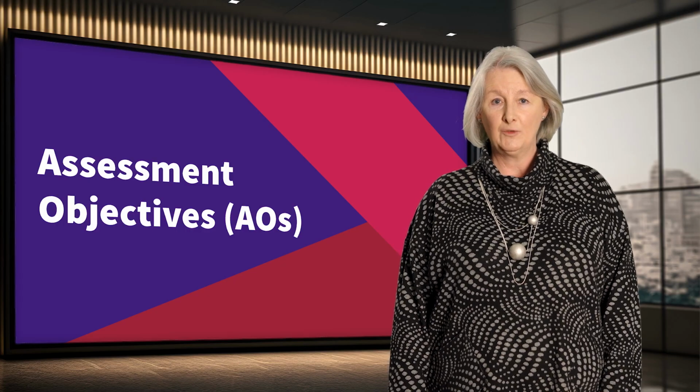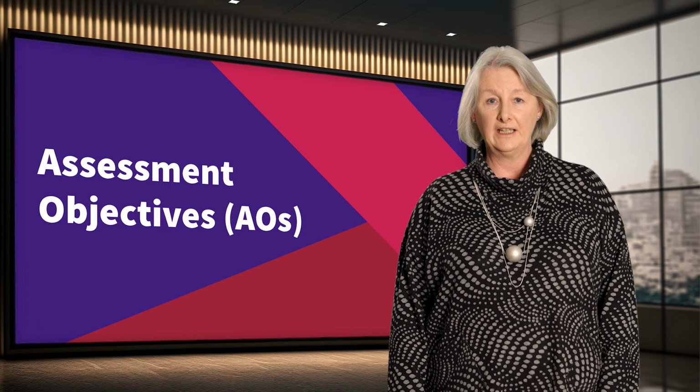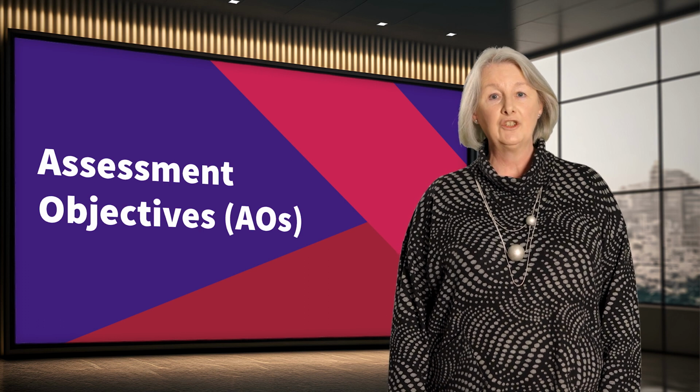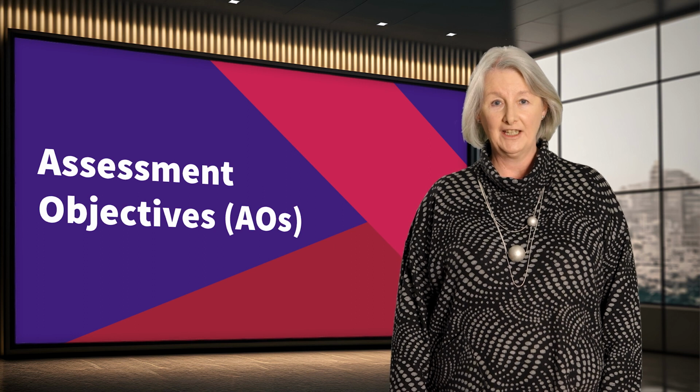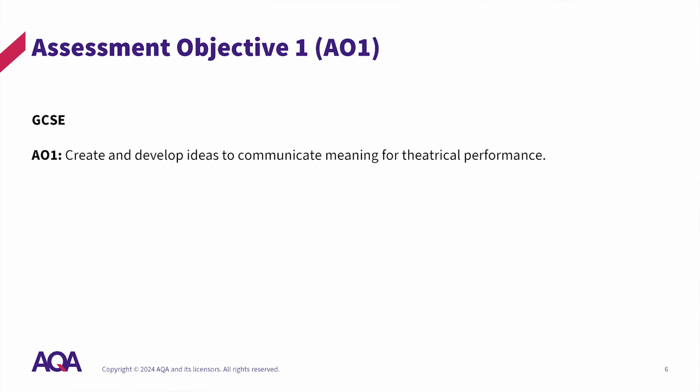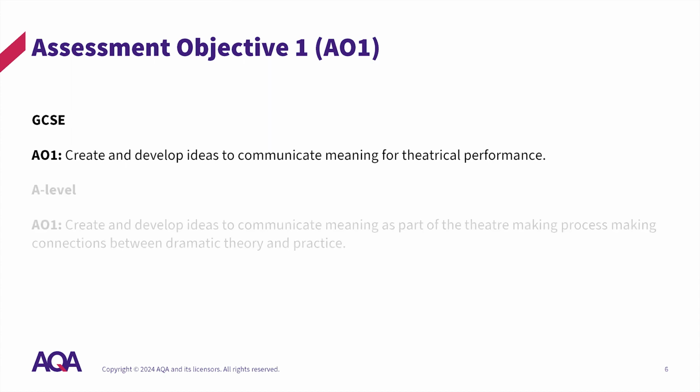There are 4 assessment objectives in total for both GCSE and A-level, and we'll start by having a look at these 4 assessment objectives, their similarities and where they are assessed. At GCSE, Assessment Objective 1 is create and develop ideas to communicate meaning for theatrical performance.